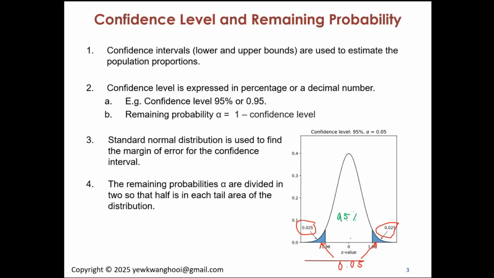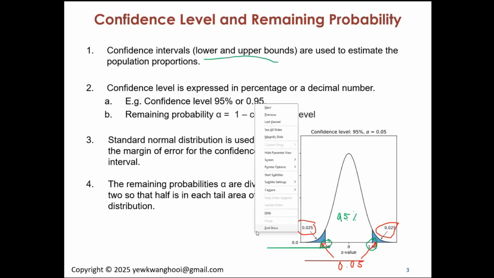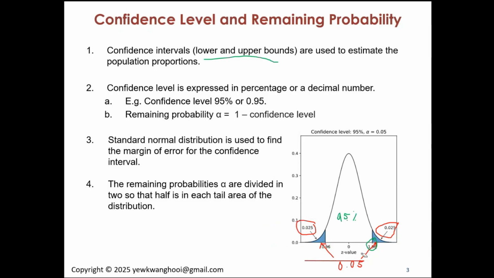All right. So how do we know that the value we are choosing is falling under the 95%? Therefore, we need to find the boundary here. See the boundary I'm circling. This is what we mean by confidence interval, lower and upper bounds. In this example, the lower bound is negative 1.96 and the upper bound is 1.96.